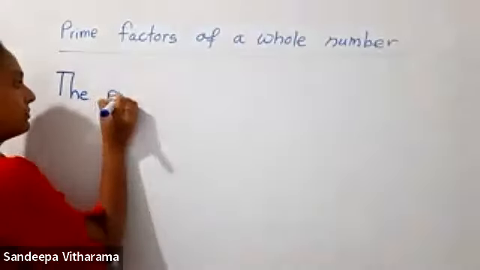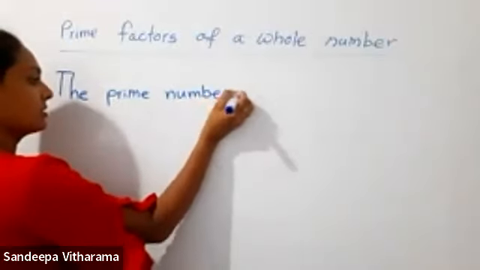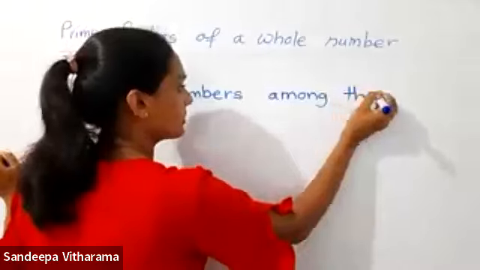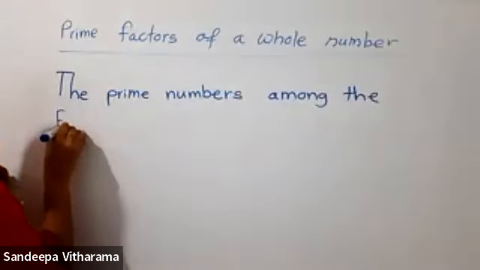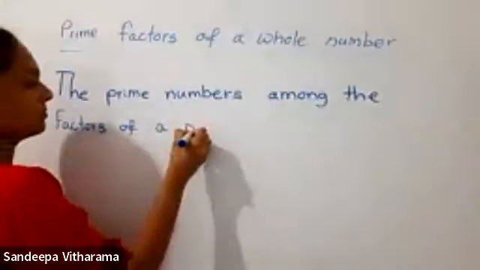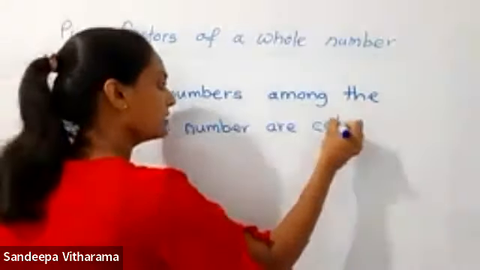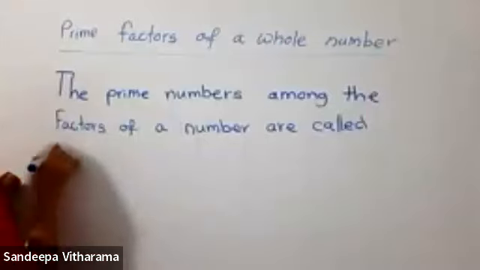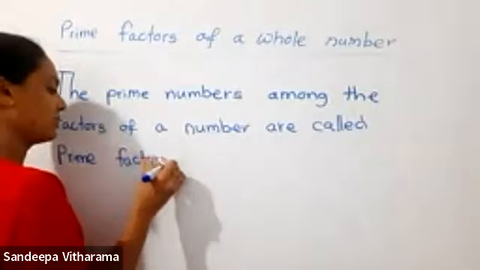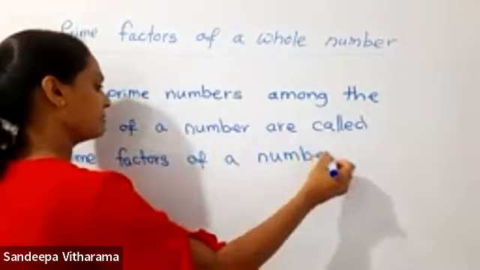The prime numbers among the factors of a number are called prime factors of a number.